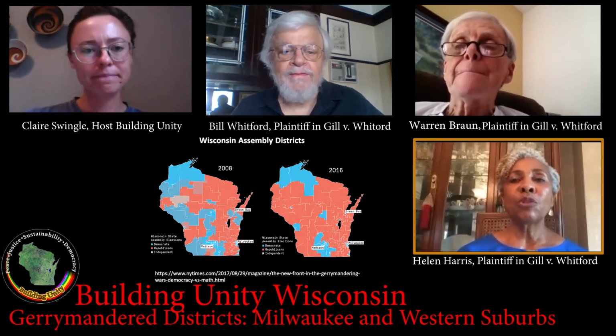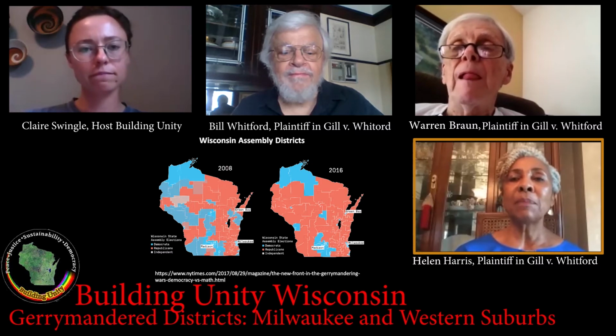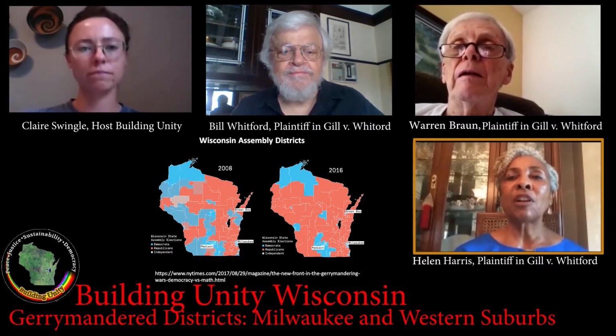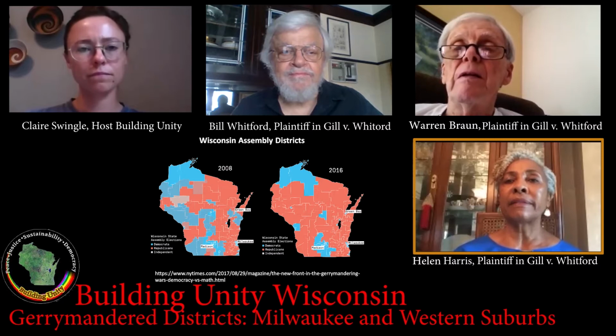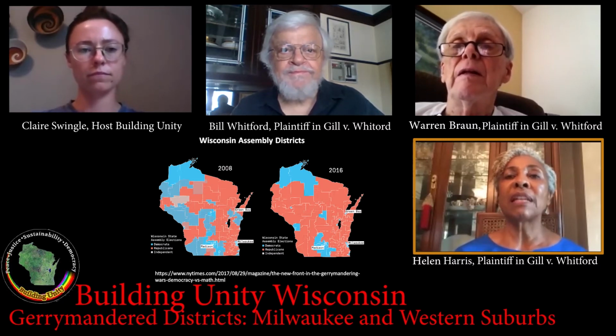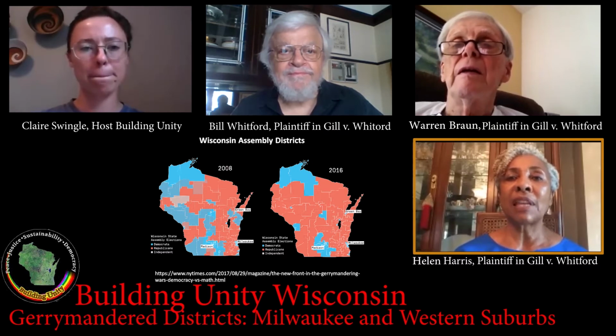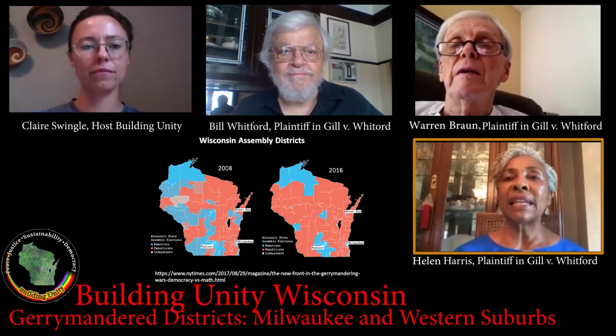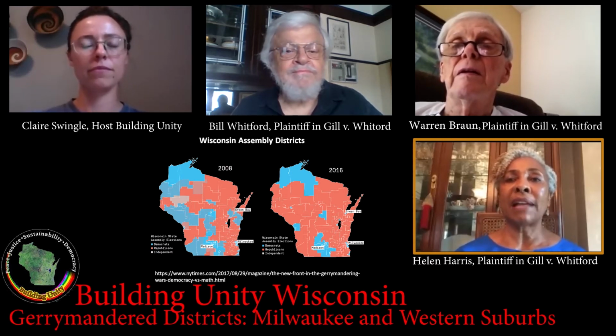Well, when I look at those first two maps, it really makes me angry, because it would seem that 90% of the voters are voting in one party, that 90% of Wisconsinites are Republican, when the information indicates that we are pretty well split between Democrats and Republicans in Wisconsin.